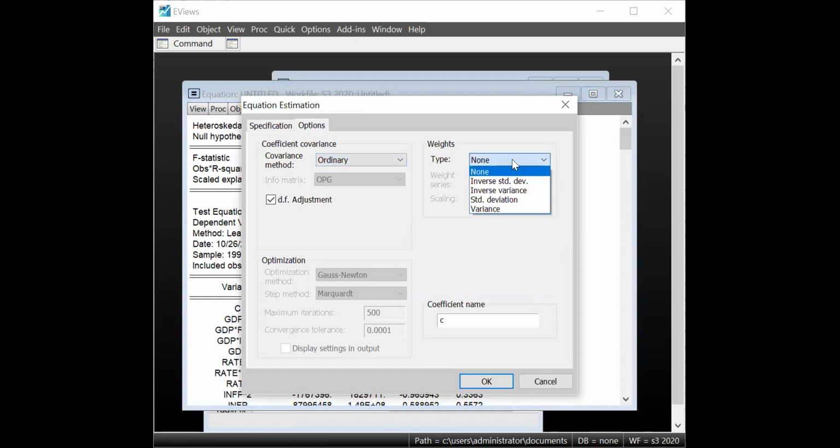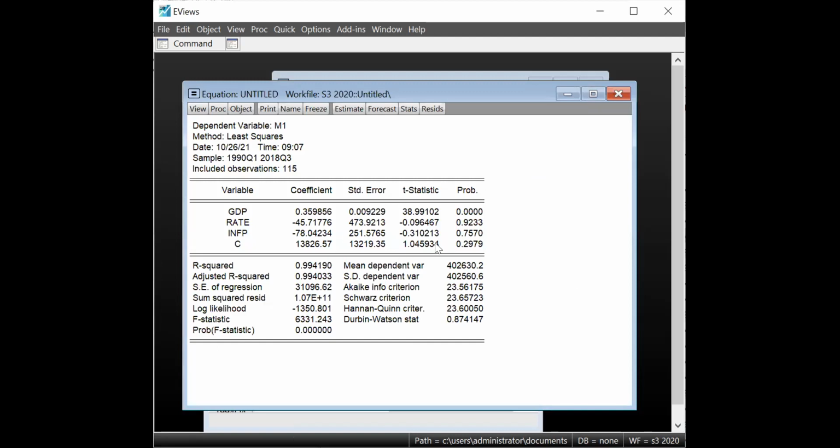If you have White here, you have the variance here. For example, we use these options to solve the problem. But here we have the same thing. There is no difference from the previous model.